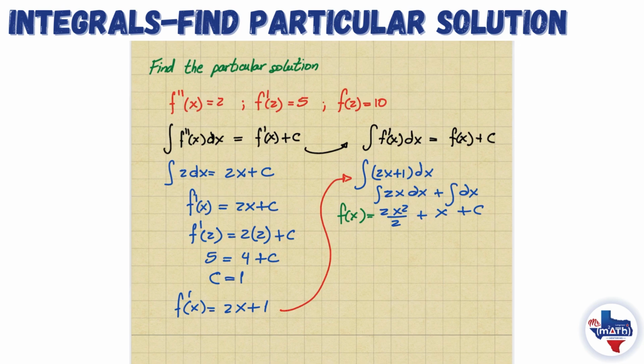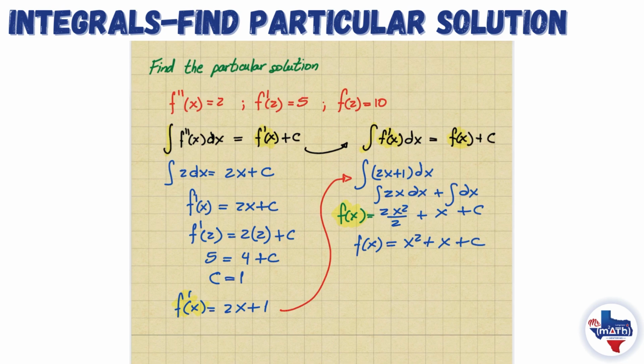When we integrate the second derivative the first time, we had the first derivative, right? Now that we're integrating the first derivative, we end up with the original function, also called the primitive. So my original function will be x squared plus x plus c.